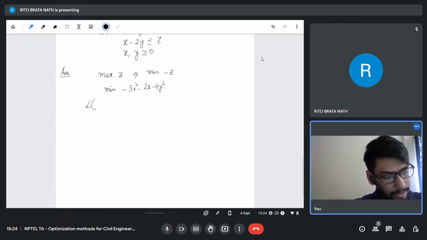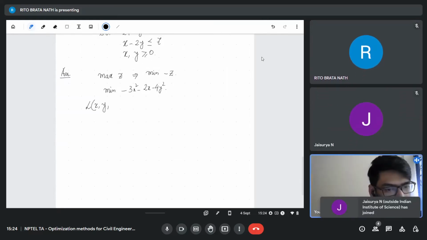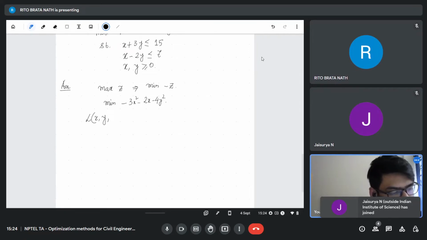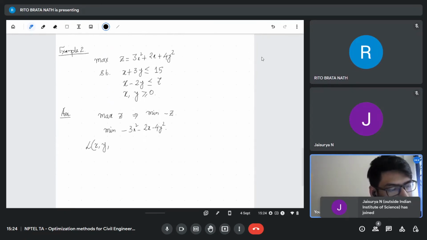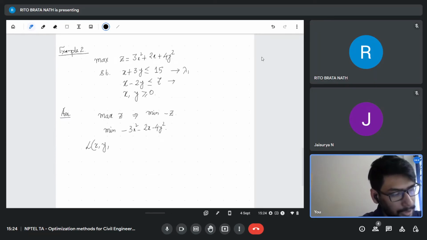Let's try and write the Lagrangian function in this setup. This Lagrangian function is again a function of x, y, and you will have four lambdas here. This will be lambda 1, corresponding to this you will have lambda 2, and corresponding to this you will have lambda 3 and lambda 4.